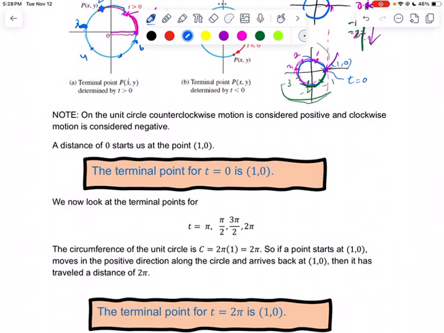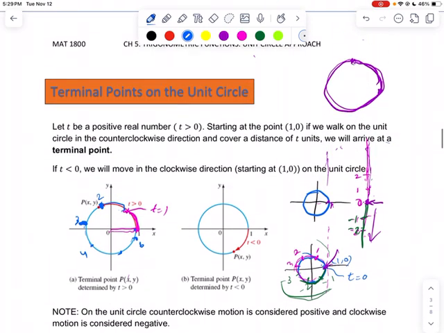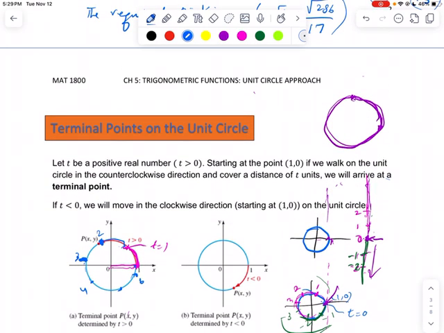Okay, first understand. Again, this is a note. I have mentioned this before, but again, a reminder that on the unit circle, counterclockwise motion is considered positive and clockwise motion is considered negative. A distance of 0 starts us at the point (1, 0). So this point on the x-axis has coordinate (1, 0).